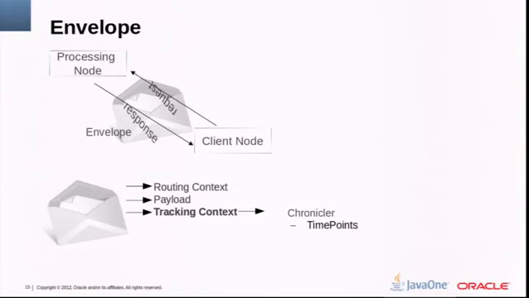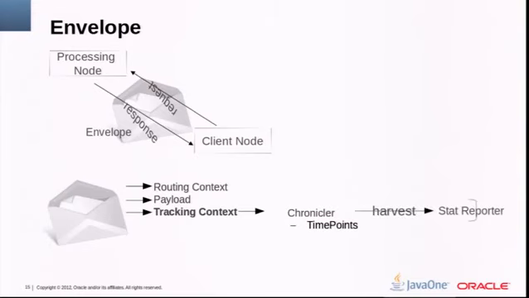A chronicler is like a passport. You carry a passport, and it gets stamped wherever we want it to be stamped. As that passport flows through the system, all the points where you need to stamp it get marked, in our case, with time points.